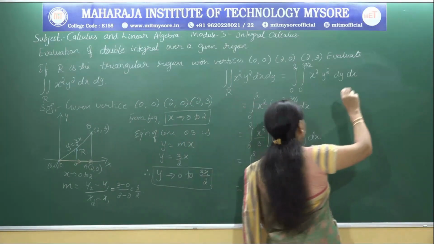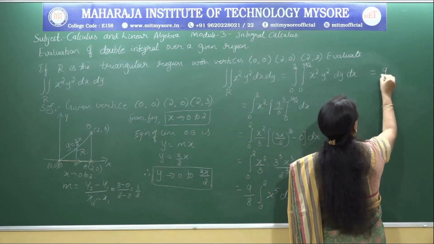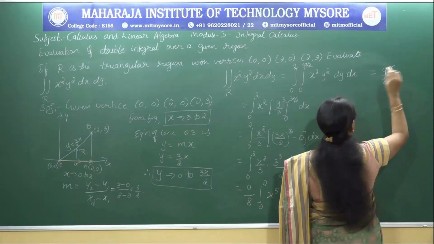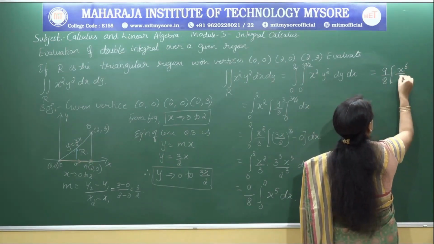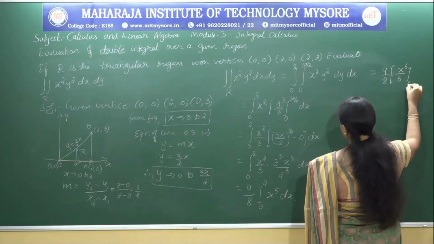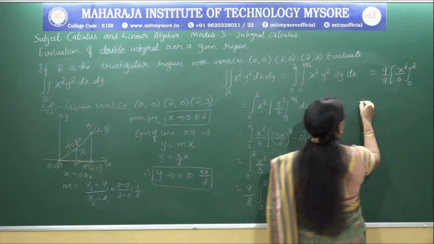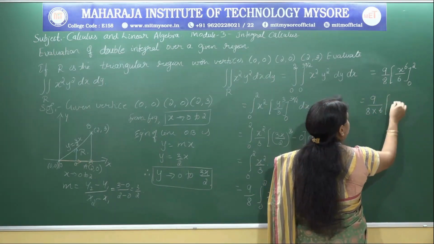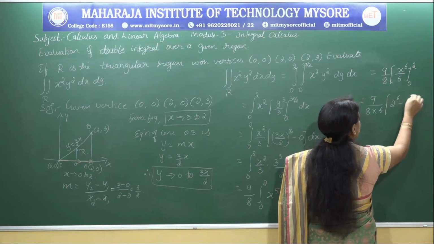Now integrate: 9 by 8 into x power 6 by 6 between the limits 0 to 2, that is 9 by 8 into 6, 2 to the power of 6 minus 0.